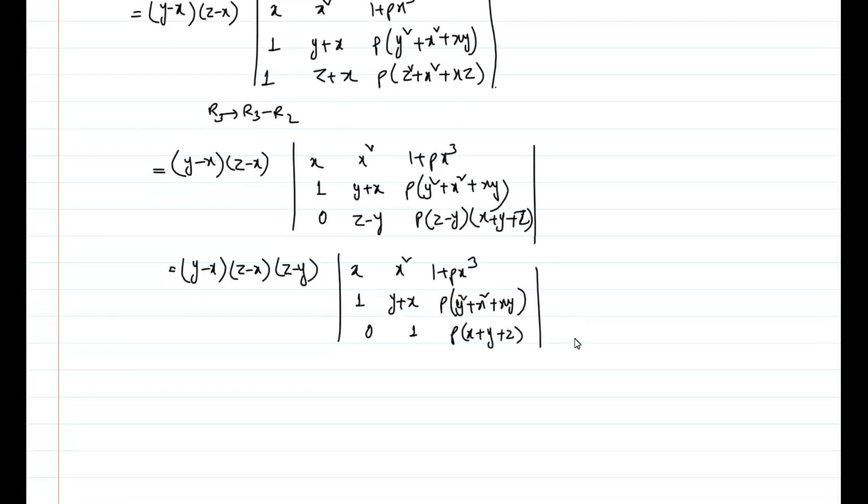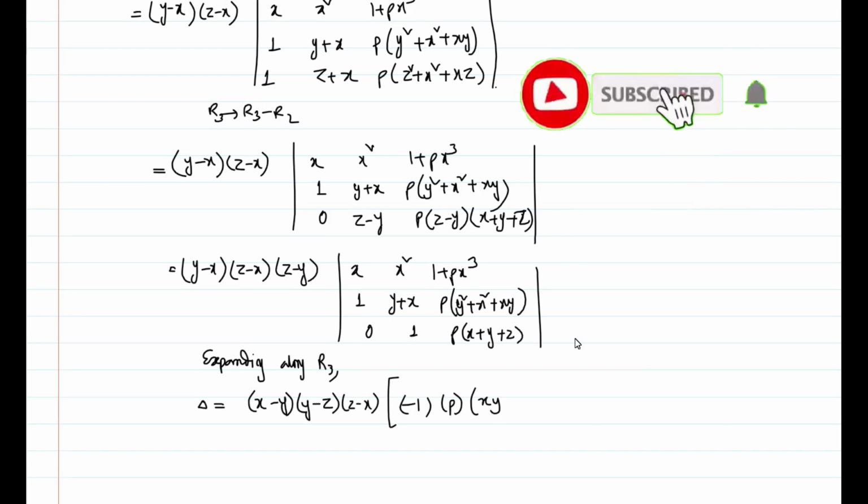Now I will be expanding it along row 3, as expanding it along row 3 will be the easiest one. We change the signs of x minus 1 y minus z, as negative will get cancelled out, and after simplifying the determinant we are getting this.